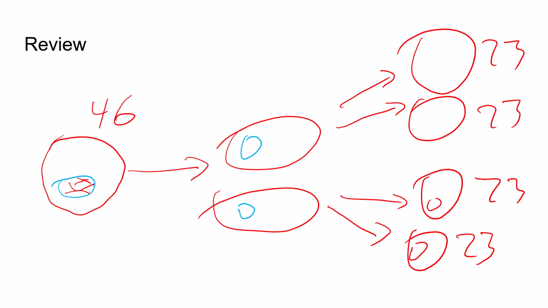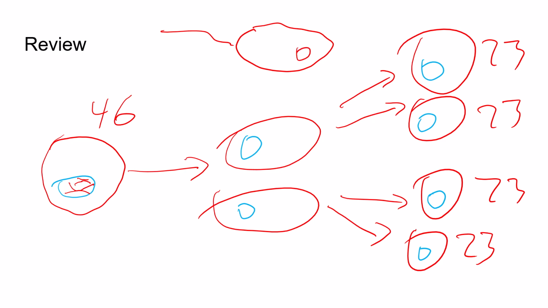And so one of these cells from your mom joined with one of the cells from your dad. So here's a sperm cell from dad. Sorry, it's having a hard time drawing.